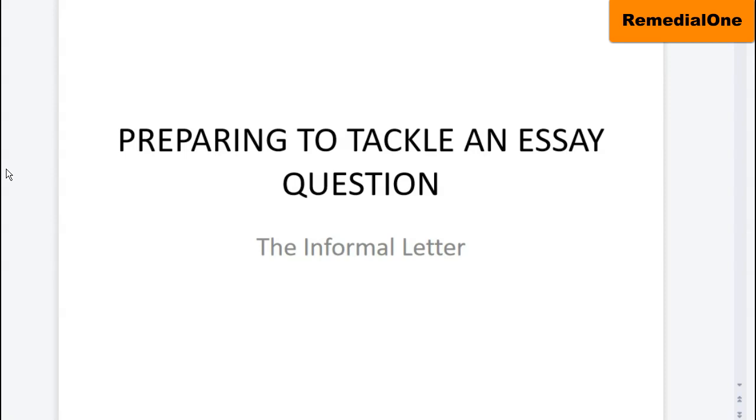In today's lesson, we're going to look at how to tackle an essay question, preparing to tackle an essay question. What we're doing differently today, however, is to take a past question and explore it together. This way, we will gain some practice in terms of all the things we said in our previous lesson.